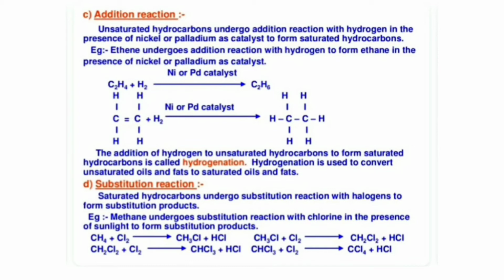CH4 plus Cl2 gives CH3Cl plus HCl. CH3Cl plus Cl2 gives CH2Cl2 plus HCl. CH2Cl2 plus Cl2 gives CHCl3 plus HCl, and CHCl3 plus Cl2 gives CCl4 plus HCl.